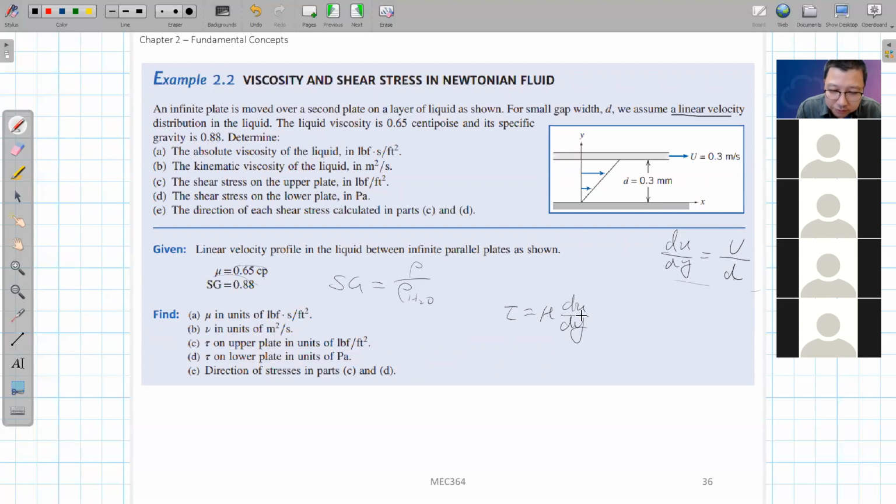So we just need to convert this velocity gradient to the EE system, then we'll be able to get the tau. And this tau will be the tau yx, okay? Because of this direction, it will be a positive value.